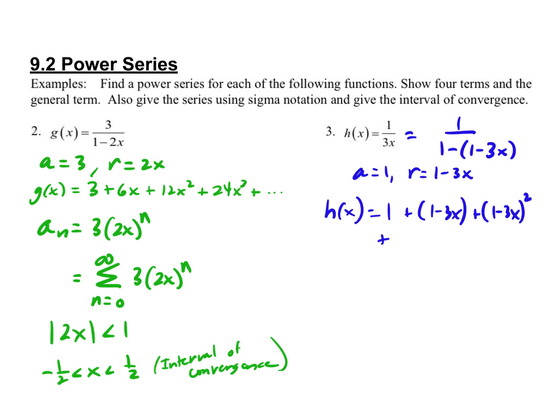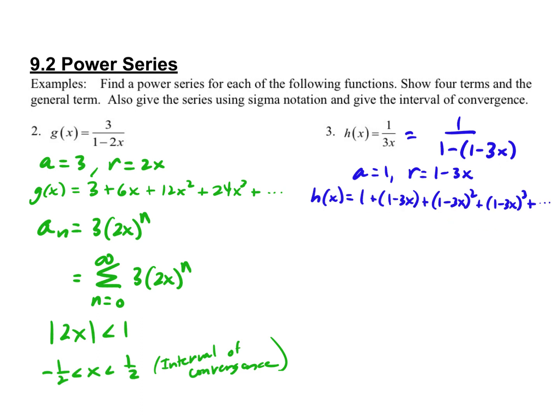And then I'm going to multiply that by 1 minus 3x. Is that 4 terms? That's 4 terms. Okay. So same idea as what we did before, but now my multiplier is an expression. And here I wrote it out, nice and crammed up a little bit.